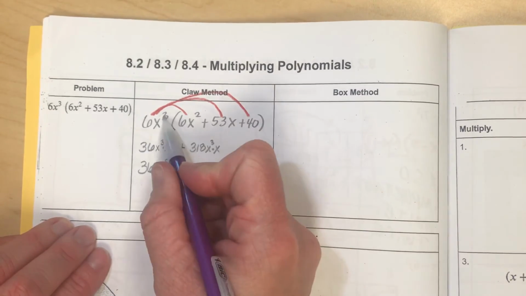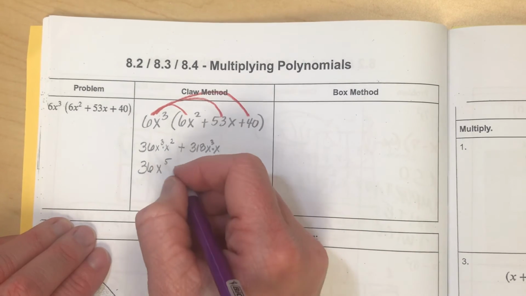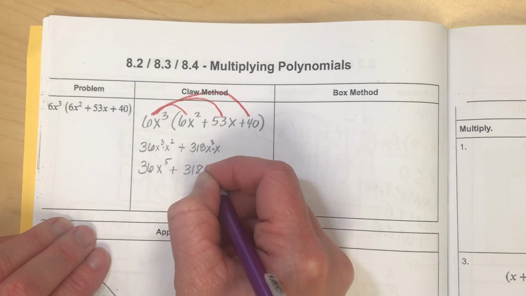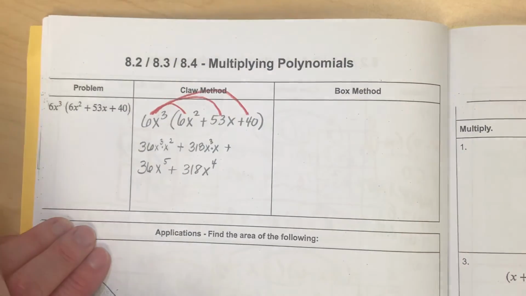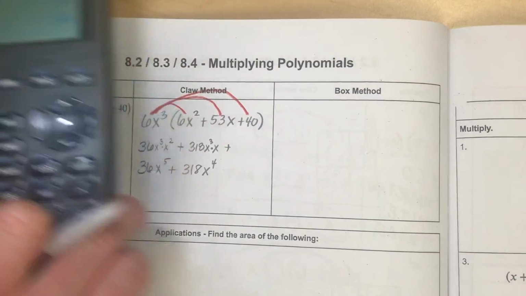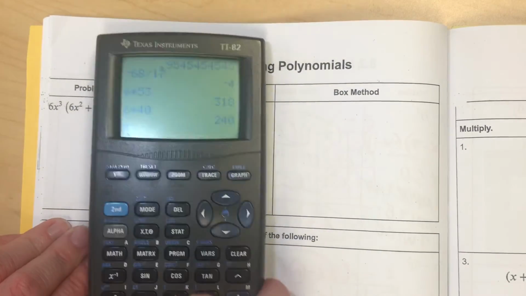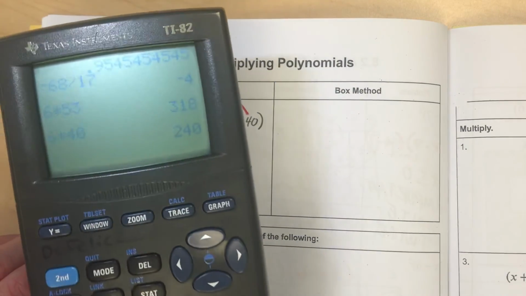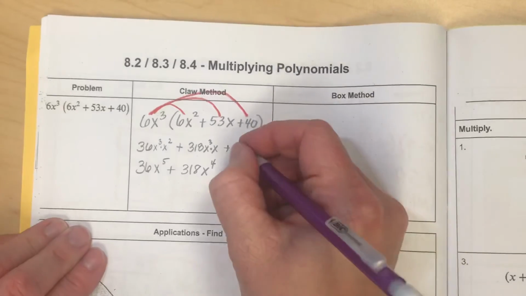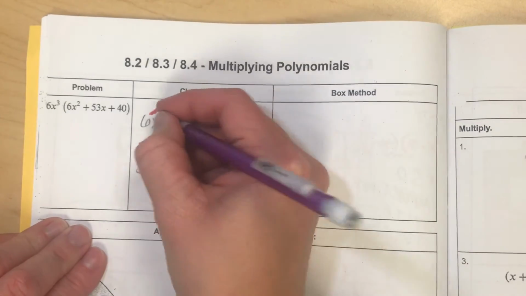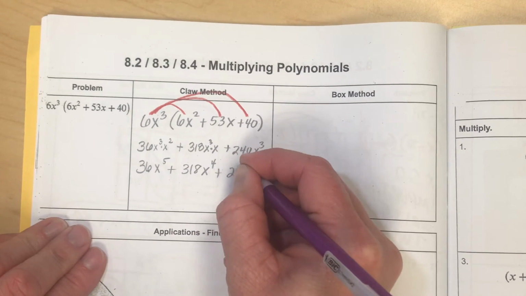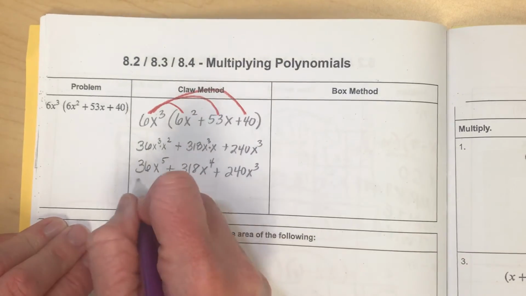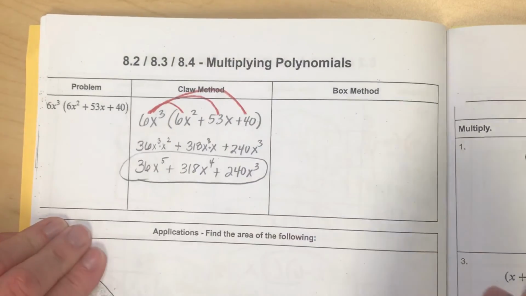Now add those powers together. You have 1 here and 3 here, which is 318x to the 4th, plus 6 times 40, so 240. And x cubed, I'm not multiplying anymore, so 240x cubed. And there's your answer here.